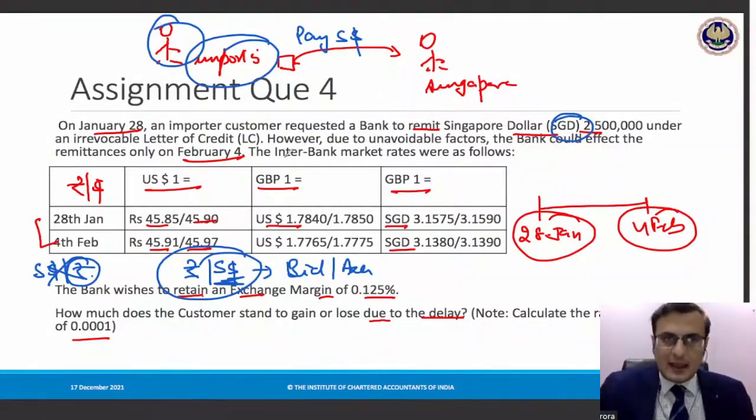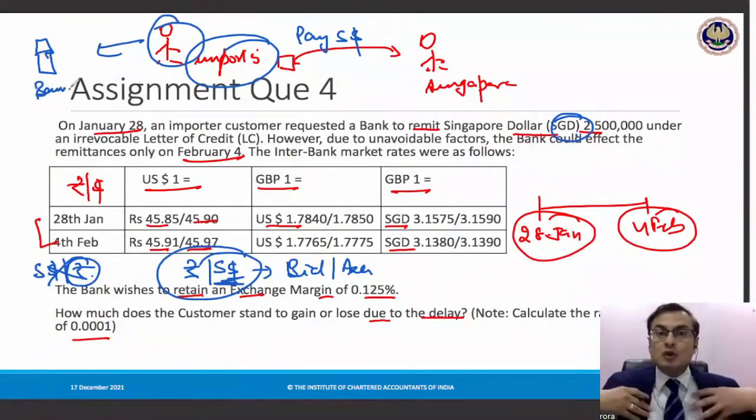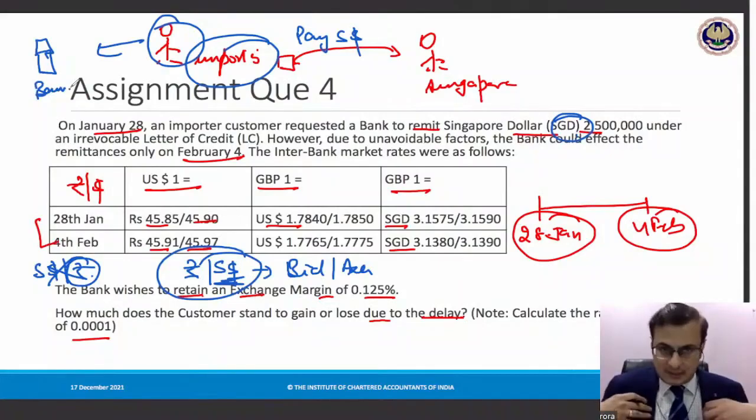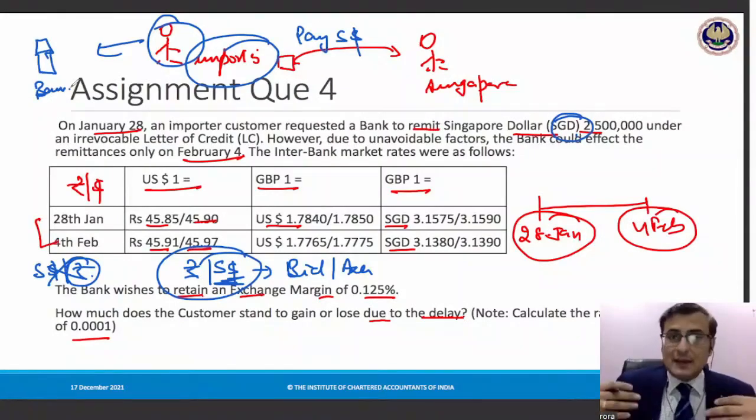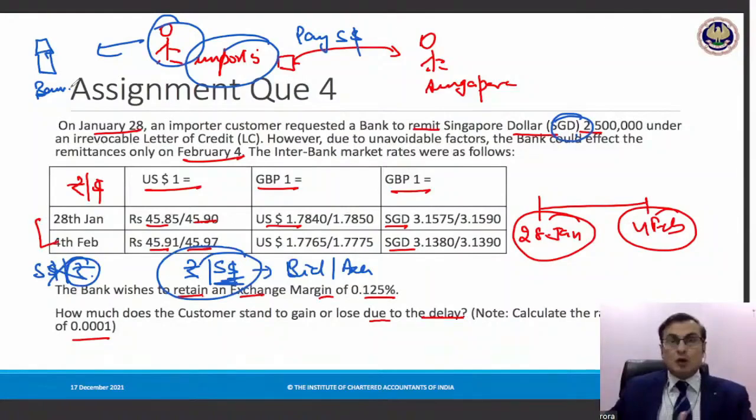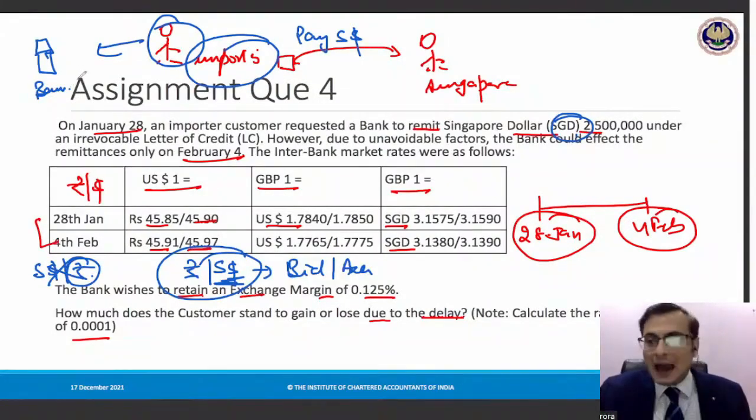Let's say this is a bank, and I say I want to buy Singapore dollars. Now think from the bank's perspective. If you buy Singapore dollars, I will have to sell Singapore dollars, and if I sell, do I take the bid or the ask? I take the ask.